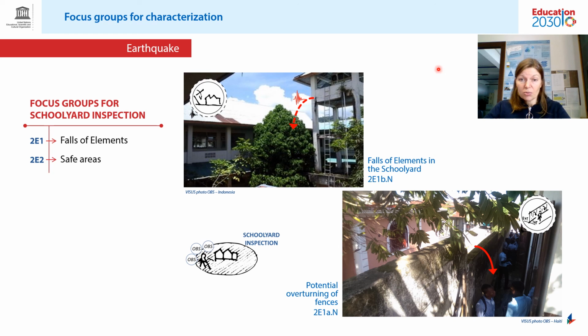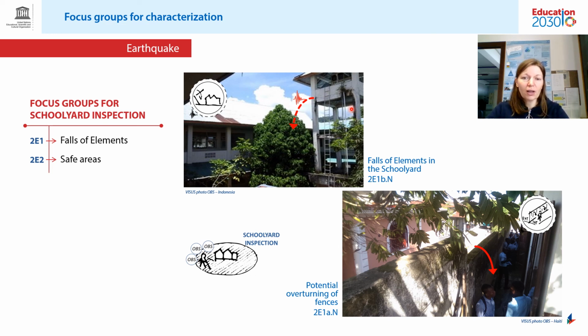For the schoolyard inspection, in case of an earthquake, it is important to identify the presence of potential falls of elements, such as in this picture. You can see that this structural element is not a school building, is not an ancillary or main building, but is an accessory in the school.